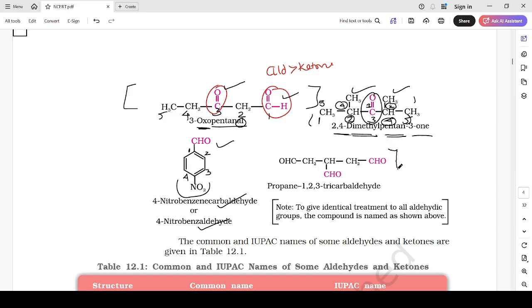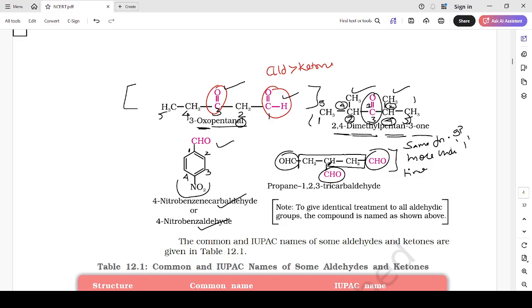Let's look at this compound here. Whenever you are having the same functional group present more than once, I'm having 2 times. In that case, 3 times you're having here.